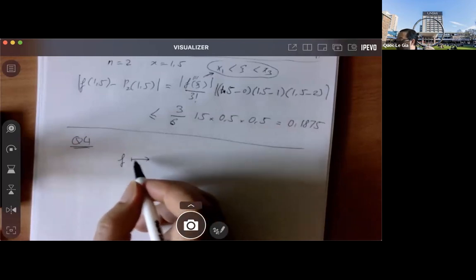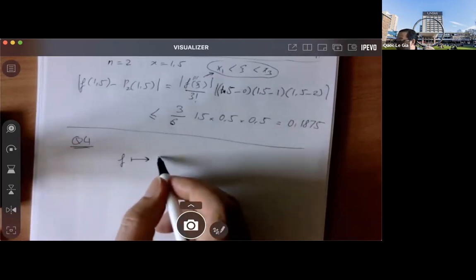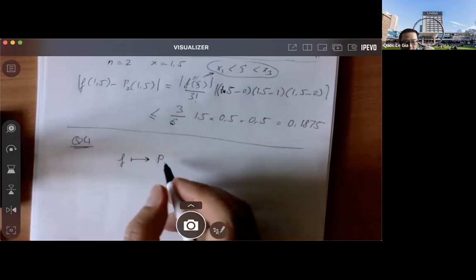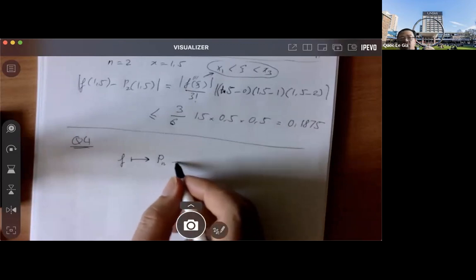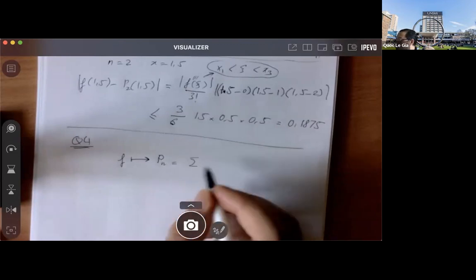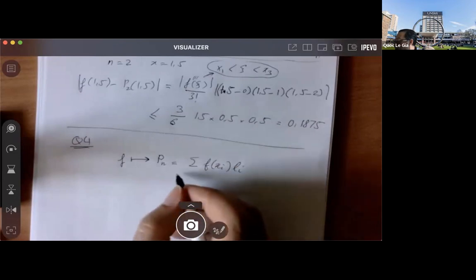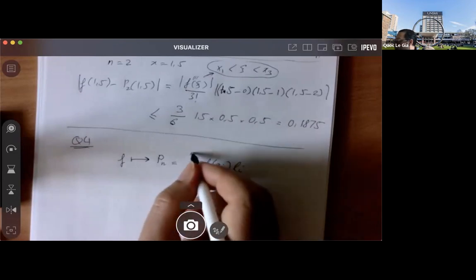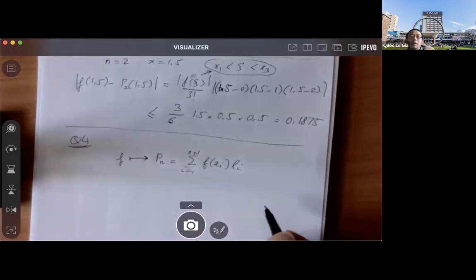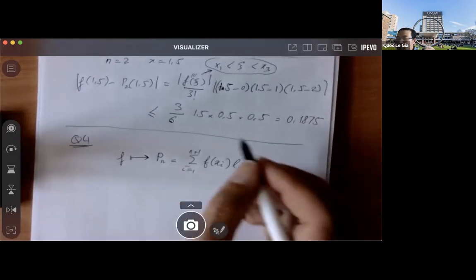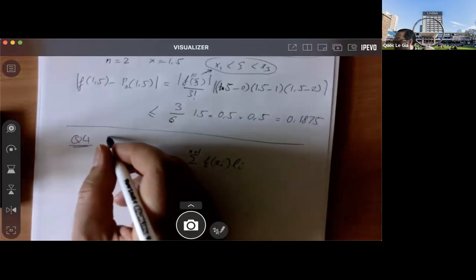And you map it into the Lagrange interpolation, right? So the Lagrange interpolation is defined to be the sum of f of xi, li, i from 1 to n plus 1. Okay. And then this one we define a map L.